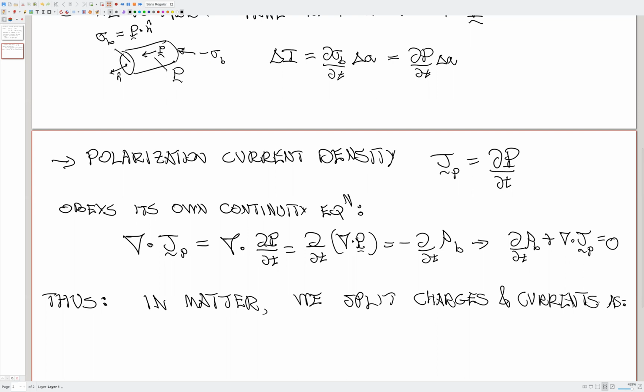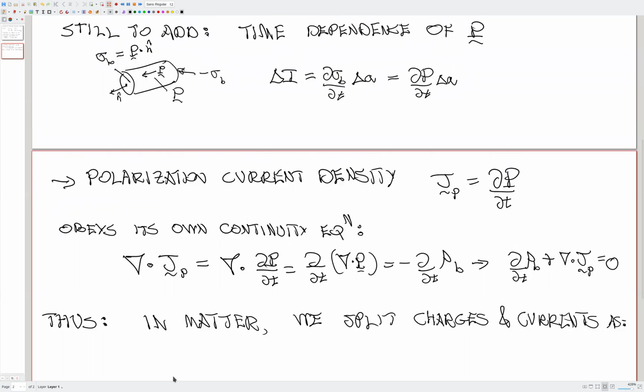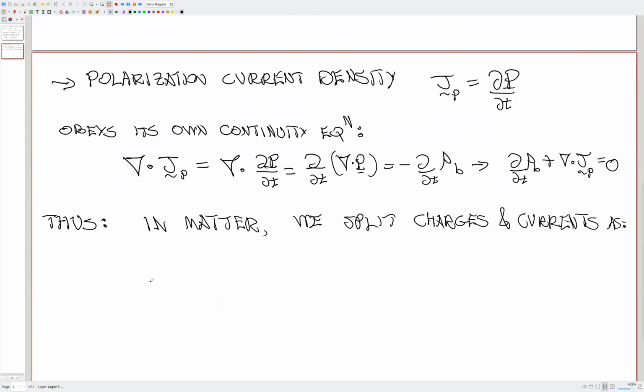So we have the charge density rho. Sorry, that's not a very good rho. We have the current density, the charge density rho. This one is going to be the free charge density plus the bound charge density. Okay, and we've discussed that before. This rho bound is just minus the divergence of the polarization like this.